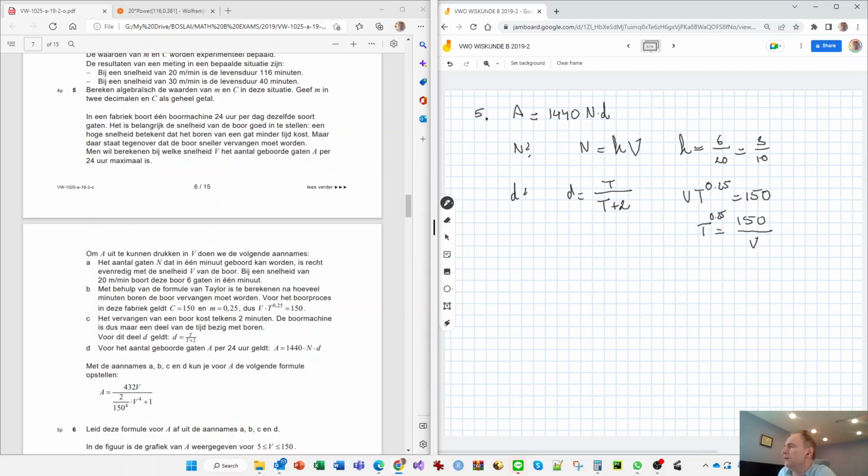So we find that T is 150 divided by our drill speed to the power of 4.